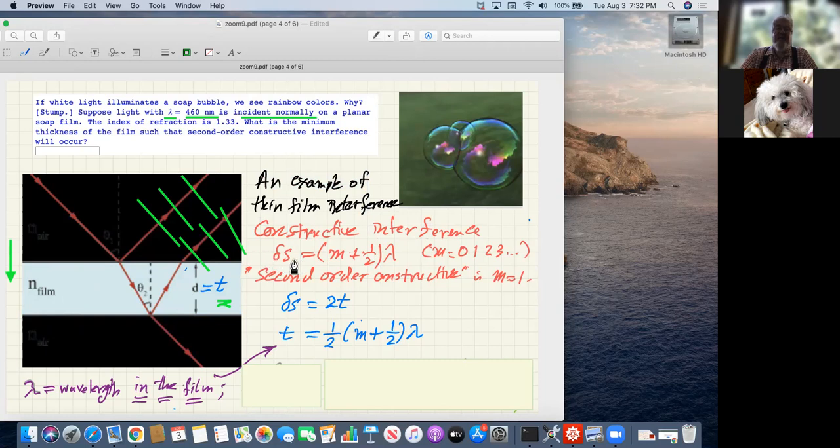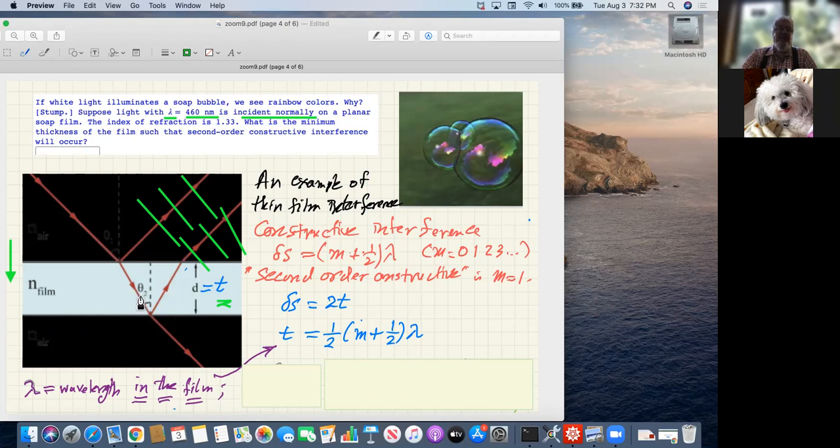The path difference has to be an integer multiple of the wavelength plus an extra half a wavelength because of the change in phase when light reflects from a less dense material like air onto a more dense material like water. There can be a phase change relative to the case where light reflects from a more dense material like water onto a surface with a less dense material like air.